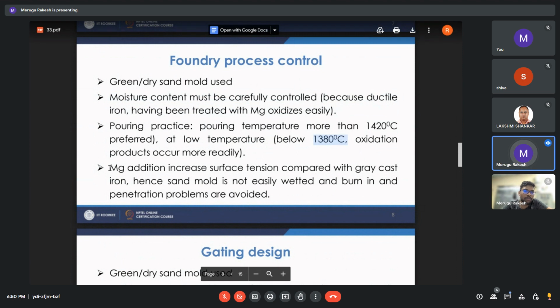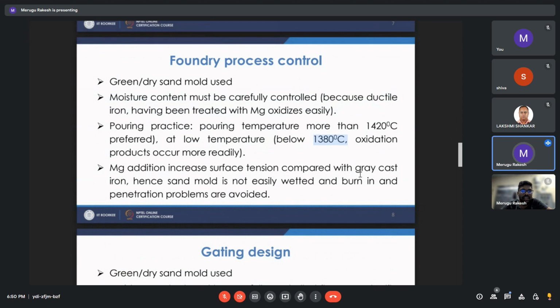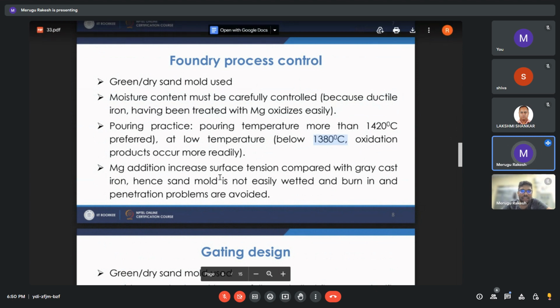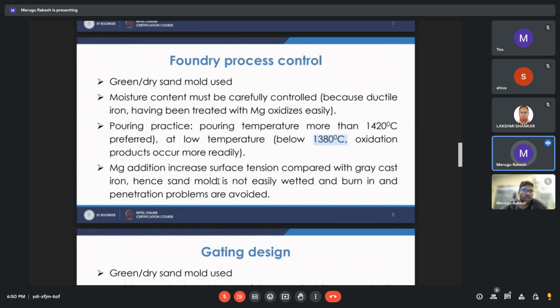Basically, this magnesium addition will also increase the surface tension when compared with gray cast iron. If the surface tension is more, the mold will not burn. Previously, we had this effect of fused sand on the surface of the cast product. But in this case, we have good surface tension, so the sand will not come in contact with the cast product because of the non-wetting characteristic.